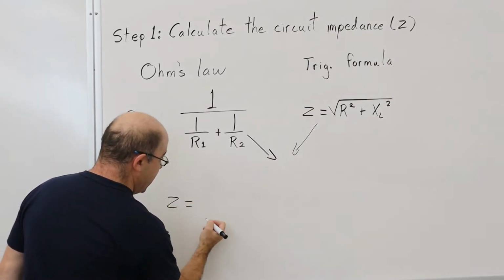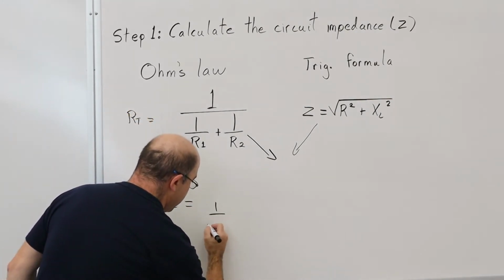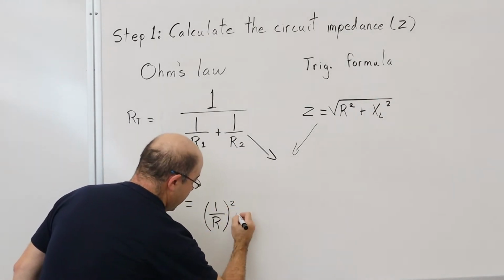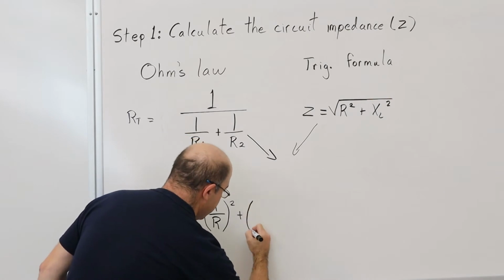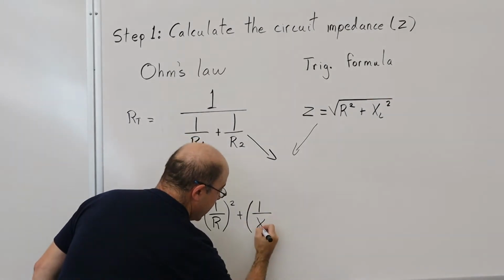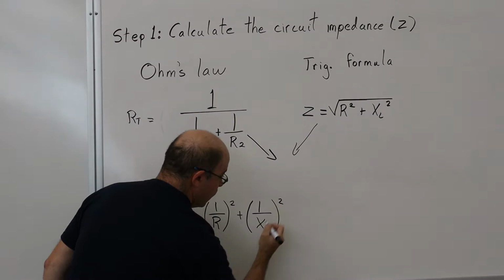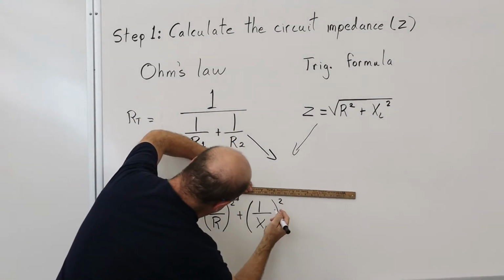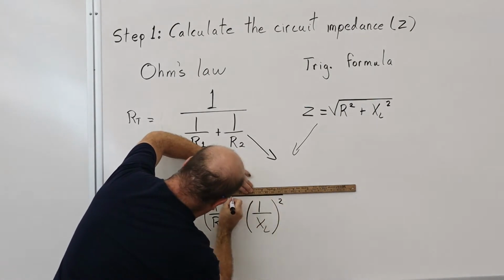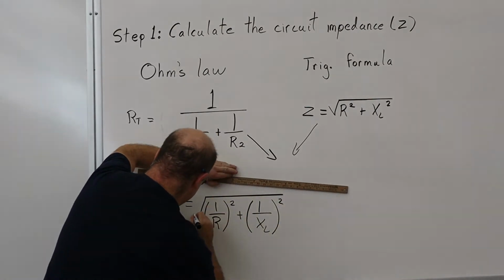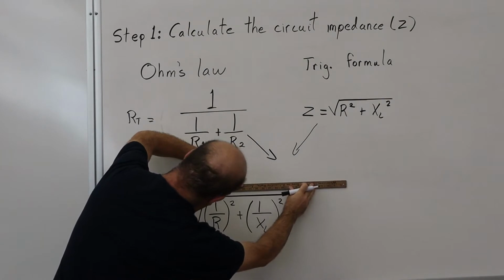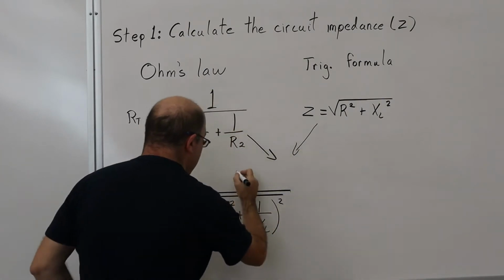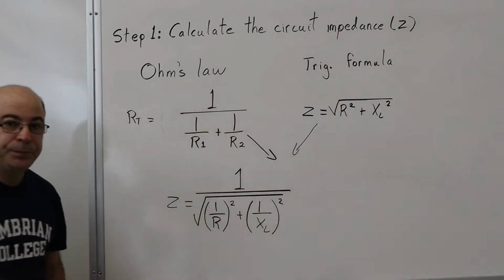Z is going to be equal to 1 over the square root of 1 over R squared plus 1 over X sub L squared.